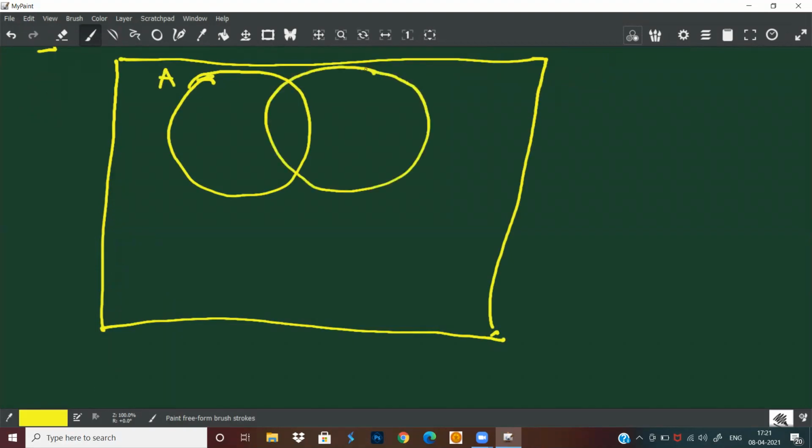This is B. This is C. Okay. So what is this part? Once you understand the Venn diagram.